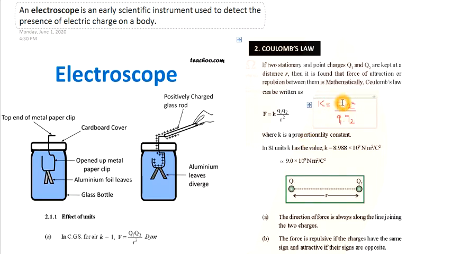Force has the unit Newton, and r square has meter square, so Newton meter square, divided by q1 q2, whose SI unit is Coulomb square. This is nearly equivalent to 9 into 10 to the power 9 Newton meter square by Coulomb square. Remember this value of k, it will help you a lot while solving numericals.